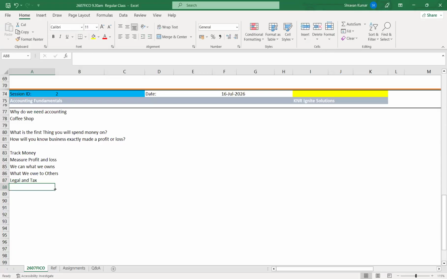And the next is it will help us to take better business decisions. Suppose your coffee shop sells multiple items on your menu like coffee, tea, sandwiches, or cake. That can be anything. But after 1 year, you realize that your coffee gives you the maximum profit and your tea gives you very little profit.